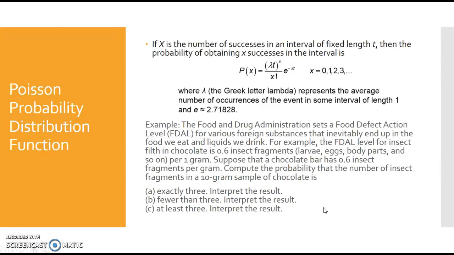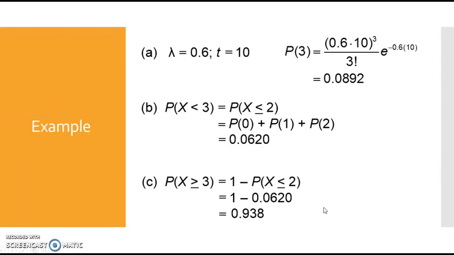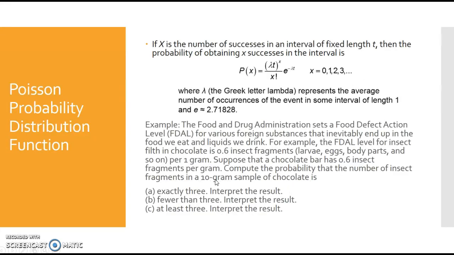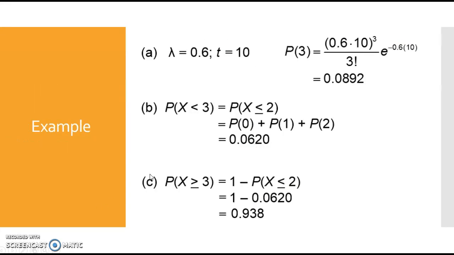Okay? So let's go ahead and look at how we could do that. Lambda was 0.6, the average we got from the problem. We also got an interval of 10 from the problem, a 10-gram sample. So we can plug that into our formula.